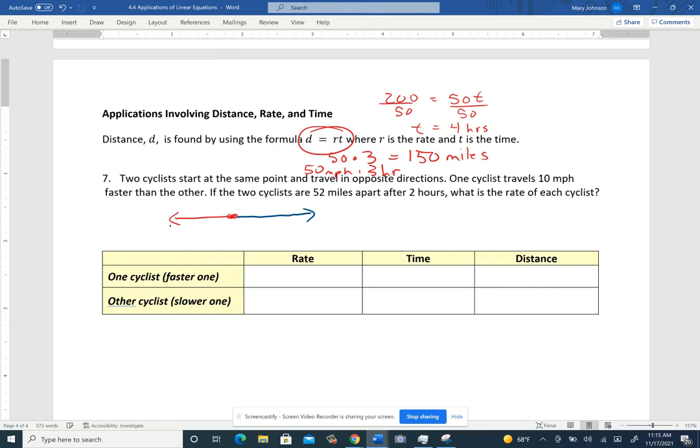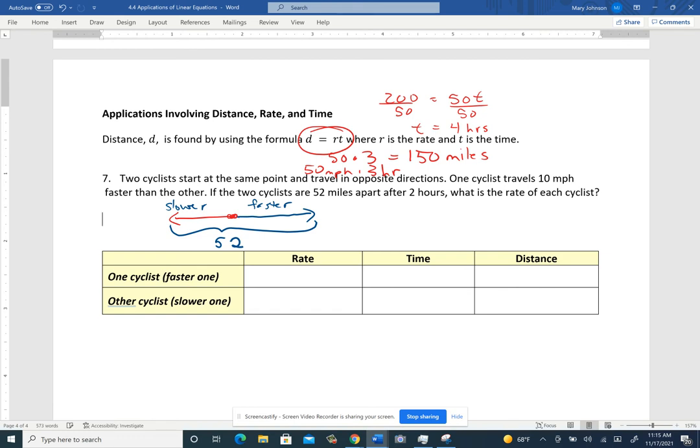One cyclist is way out here, the other one is way over there, and they're 52 miles apart, and they've gone for 2 hours. The one who covers more ground would be the faster one, and this would be the slower one because they didn't cover as much. That's how far they went in 2 hours.